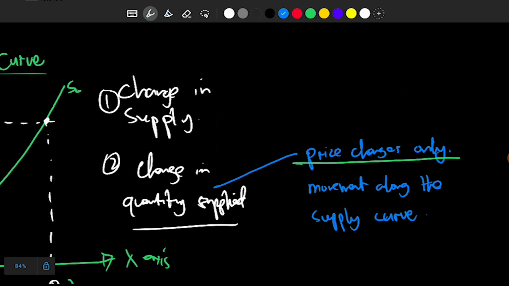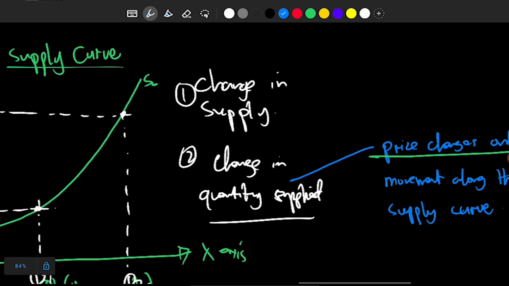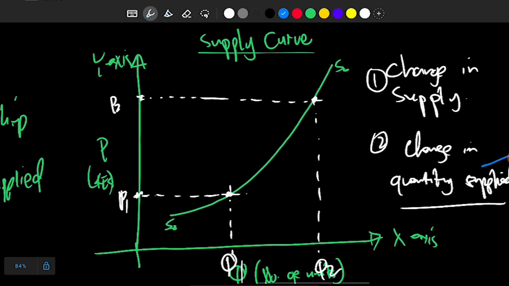For example, if you go back to the curve that I initially sketched, look at price P1 and price P2, and where that intersects with quantity Q1 and quantity Q2.